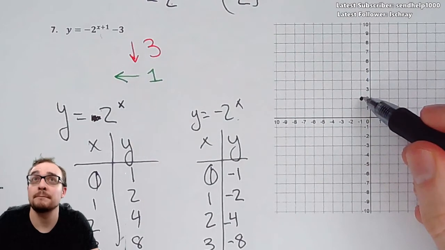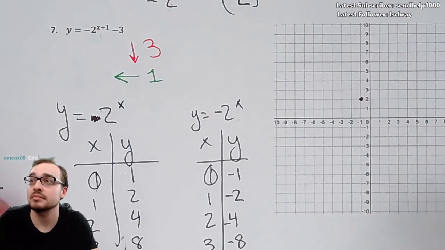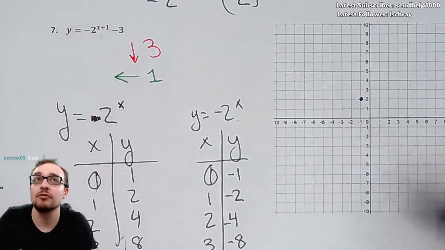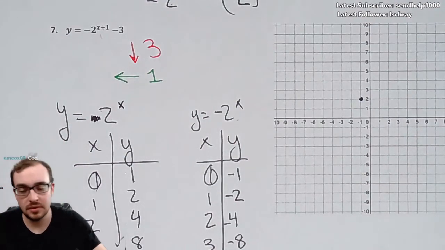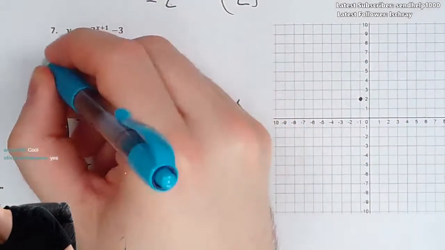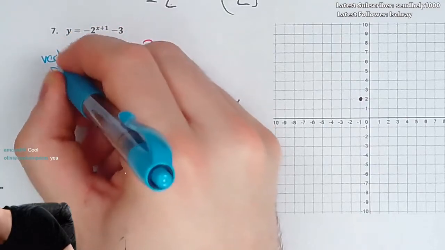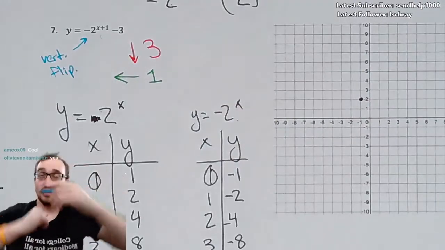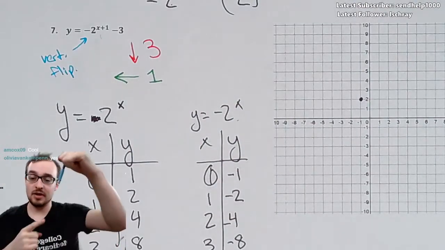Are we good with that? That's what that negative does. It flips it vertically. This is our vertical flip. We have a vertical shift, which moves it, right? We have a horizontal shift, and then we have a vertical flip.